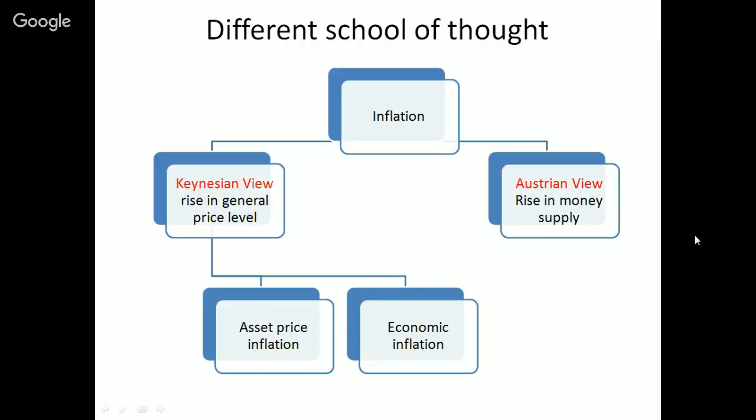The Austrian view says it's not a rise in prices, but a rise in money supply. That is, the amount of money that is being printed by a central bank and pushed into the economy. If that rises, it's inflationary. So the basic difference here is that Keynesian economists concentrate on CPI.